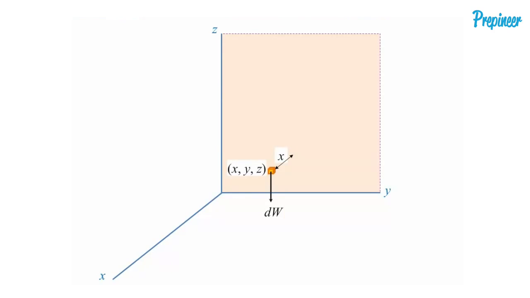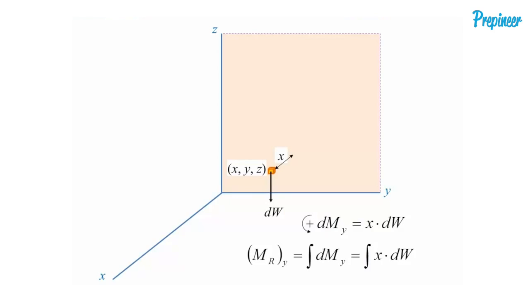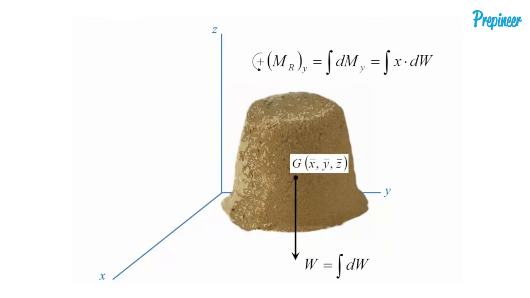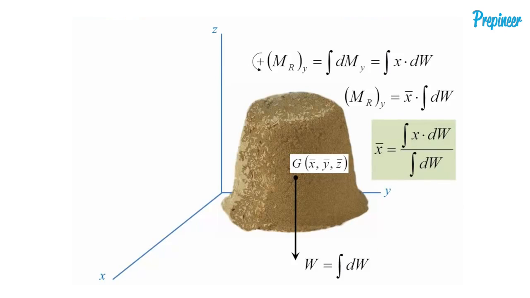Therefore, the resultant moment about the y-axis is the integration of dMy, or the integration of x dW. Then again, the concentrated force W needs to produce the same amount of moment about the y-axis, which is the moment arm x bar times the integration of dW. By comparison of these two equations, we know that x bar must equal the integration of x times dW divided by the integration of dW.